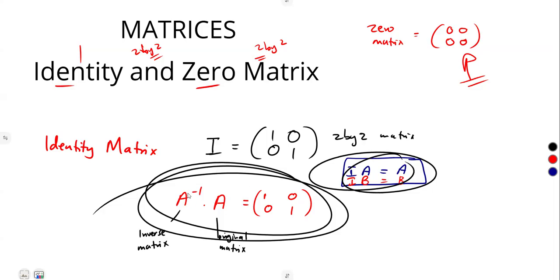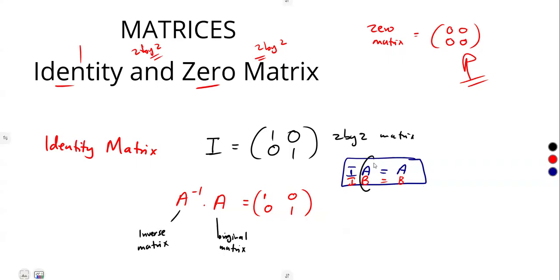Because you already know that when I have an inverse matrix to the original matrix, I'm going to obtain an identity matrix. And the identity matrix, when it multiplies any matrix, I'm going to obtain that same matrix. So it helps you in calculations to make things easier.